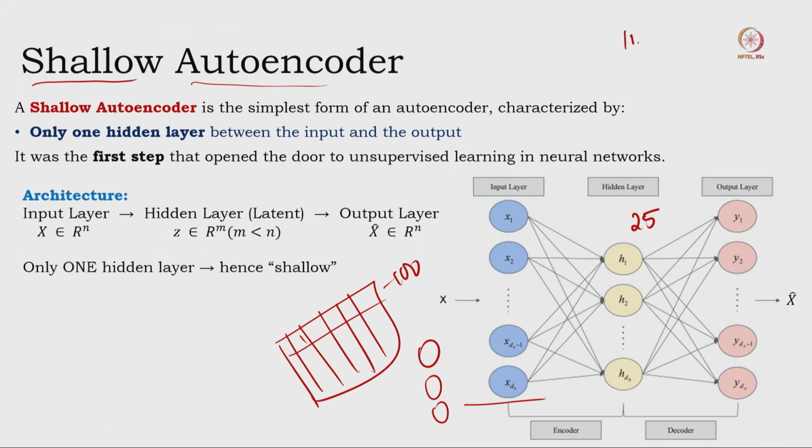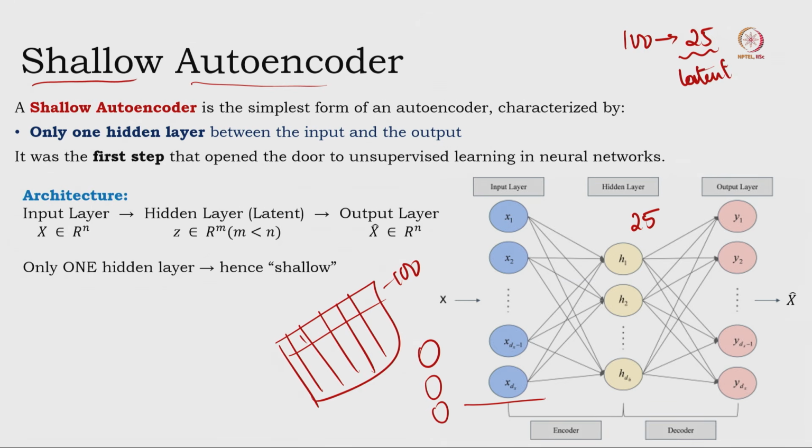Then the 100 features are passed to the hidden layer having 25 neurons, with each feature passed to each of these neurons. Therefore, you will get 25 values as output. Since there is only one hidden layer, the output of that is the latent space. This itself is the latent.